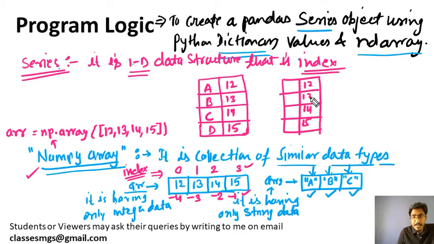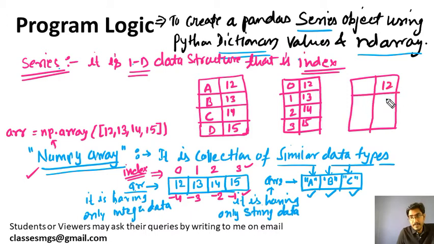It can also have integers, and it might have bigger strings too. Let's suppose you want to use January, February, March, April, like this.